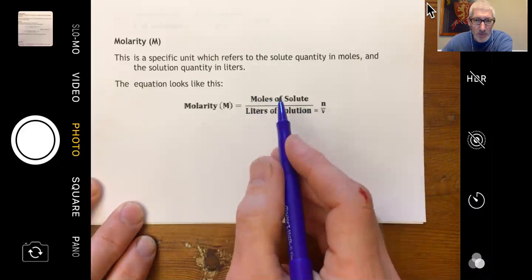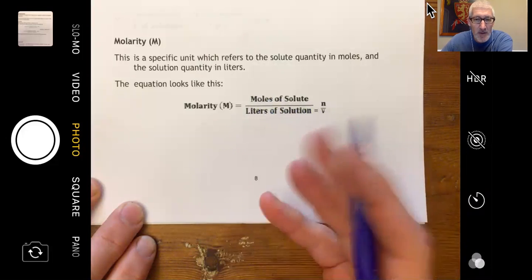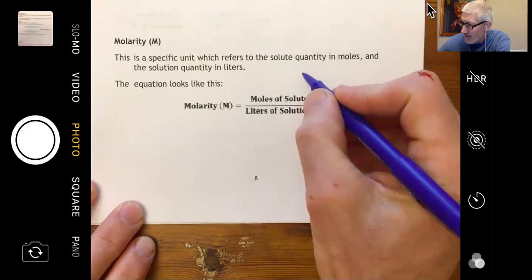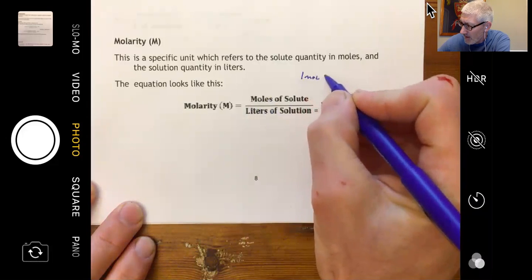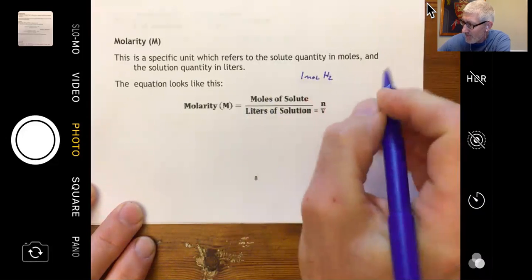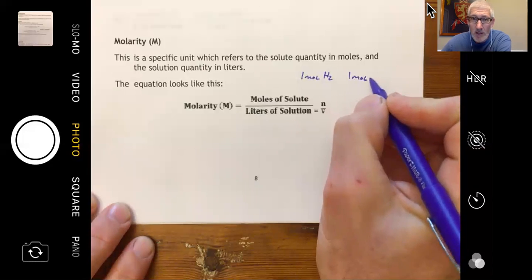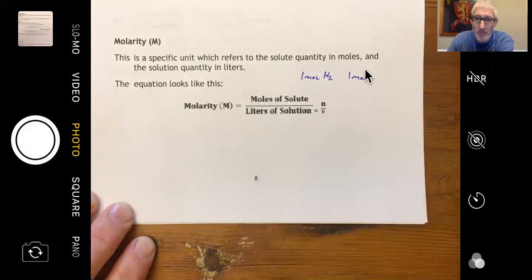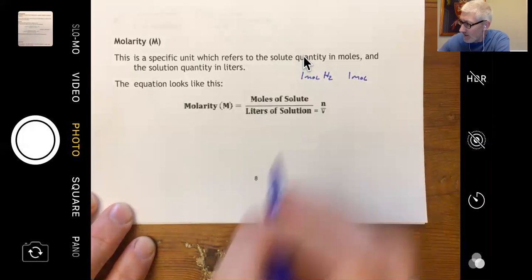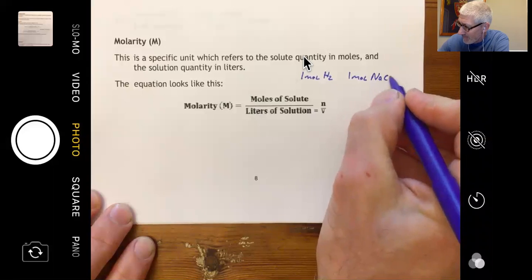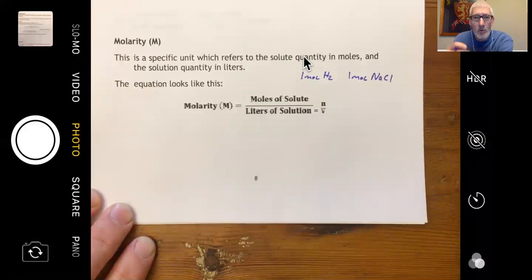And the reason that we use moles instead of some other type of unit is because, let's face it, a mole of H2, for instance, is going to have a very different mass than a mole of NaCl. So we don't want to typically work in terms of grams. We want to work in terms of moles.